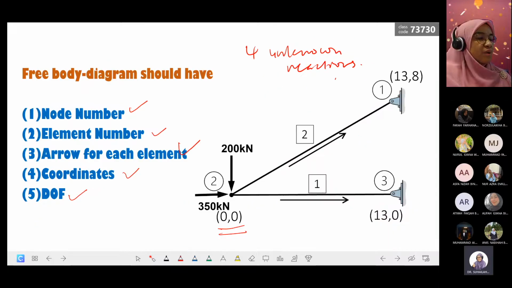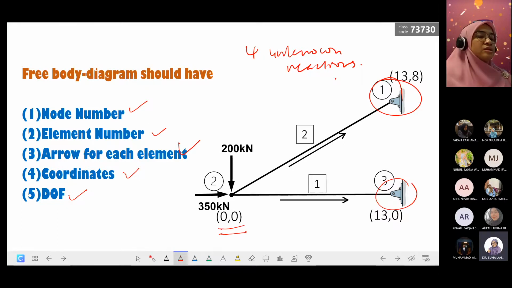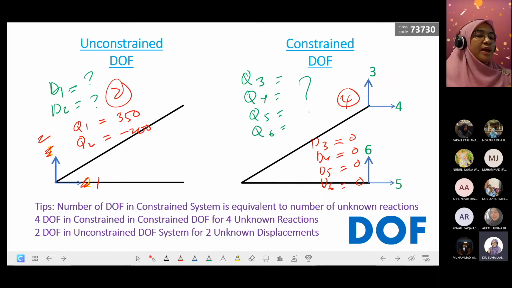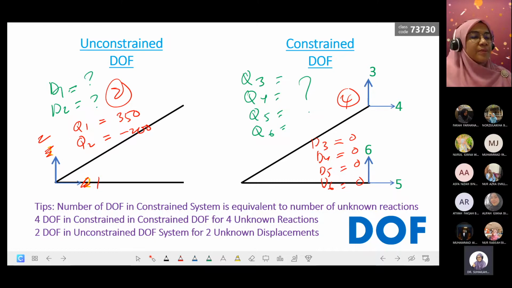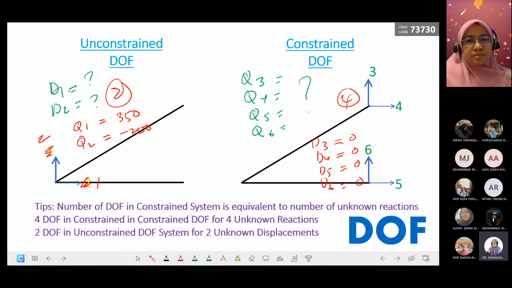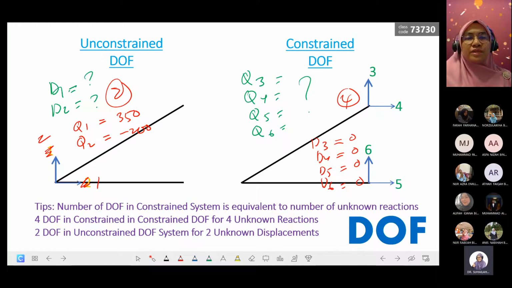So for the original one, we have a pin here. At a pin there's no displacement, no movement, that's why we put the D value as 0. Same goes for Q1 and Q2: if the horizontal or vertical force is not given in the question, then you have to put 0.